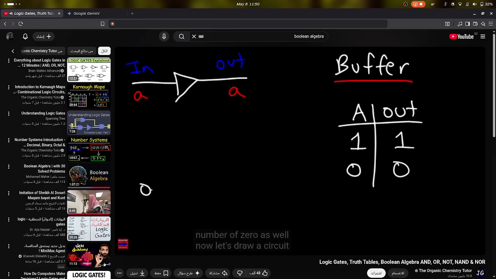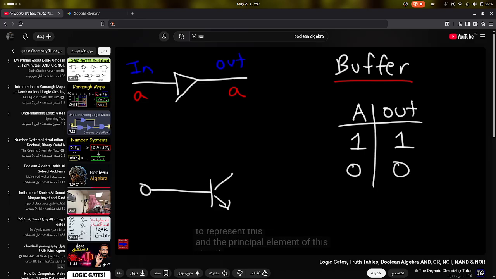Now let's draw a circuit to represent this. And the principal element of this circuit will be an NPN transistor. This is the base, this is the collector, and this is the emitter.